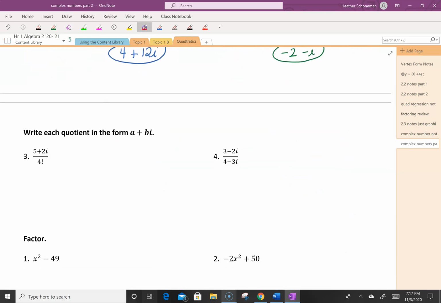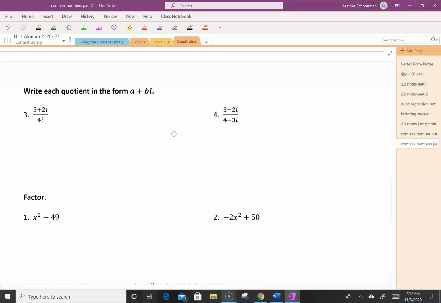Okay, on number 3, on the bottom, we don't really have the conjugate for it, because we can't really create that because we don't have a plus and a minus. But if we think about it, the 4i really could be 0 plus 4i, right? So the complex conjugate, the 0 stays the same, and then we change the sign of the imaginary number, which is 4i. But 0 minus 4i, isn't that just negative 4i?